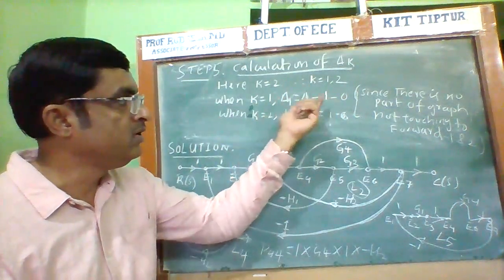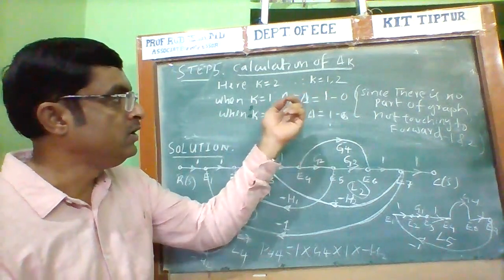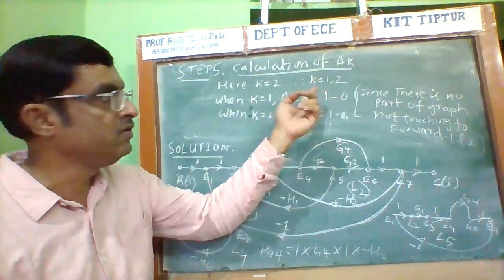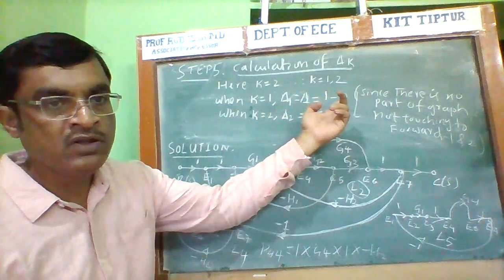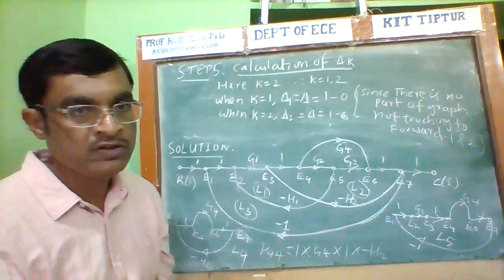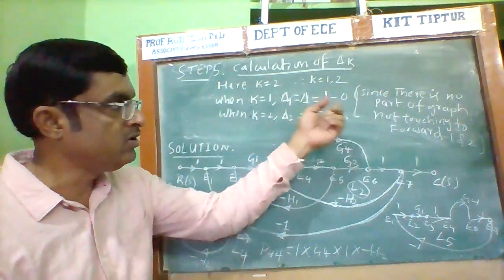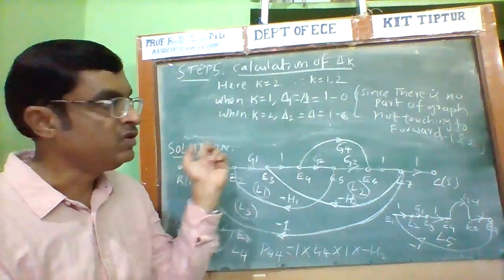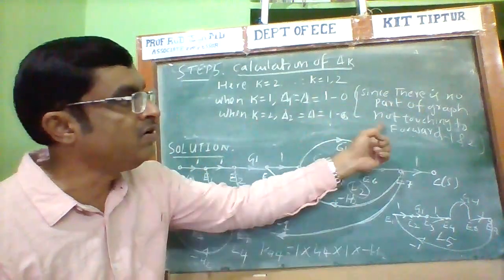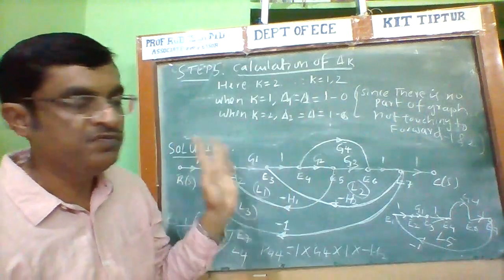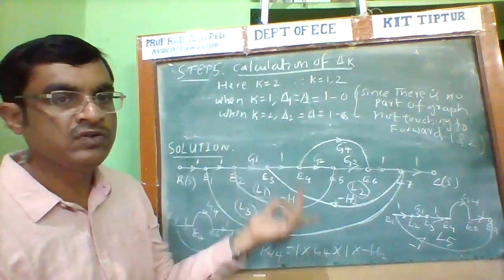But here, if I apply the formula, delta is equal to 1 minus individual loop gains. The individual loop gains are 0, plus the sum of gain products is also 0. Therefore, this is 1, since there is no part of the graph not touching the first forward path and also the second forward path.